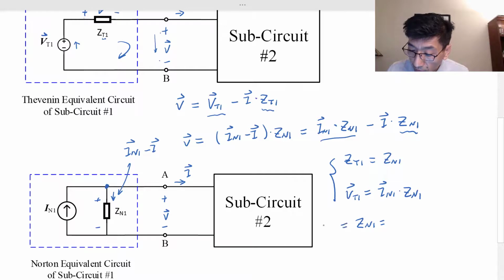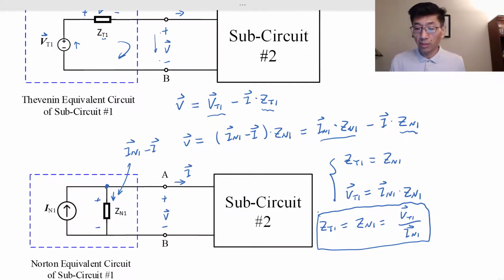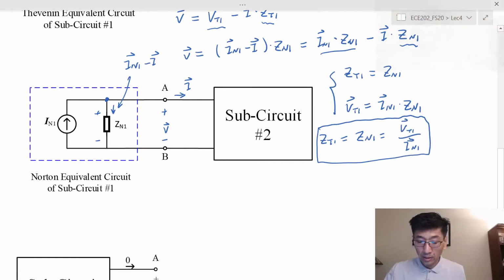We can write these two equations in one: Z sub N1 equals Z sub T1, which should be equal to V sub T1 over I sub N1. And this is the foundation of how we can find the parameters for the Thevenin and Norton equivalent circuits. Let's look at the first one here.